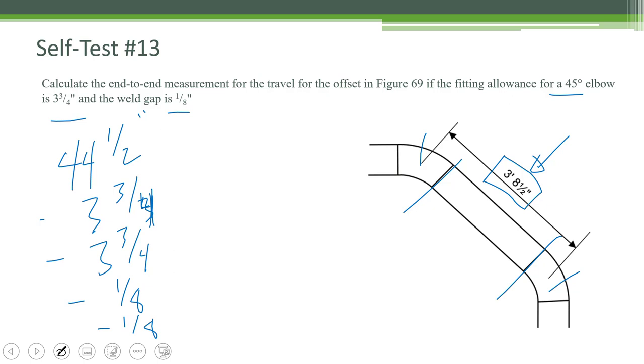So 44.5 minus 3.75 minus 3.75 minus 1/8 minus 1/8. Okay, and I should get 36 3/4 inches.